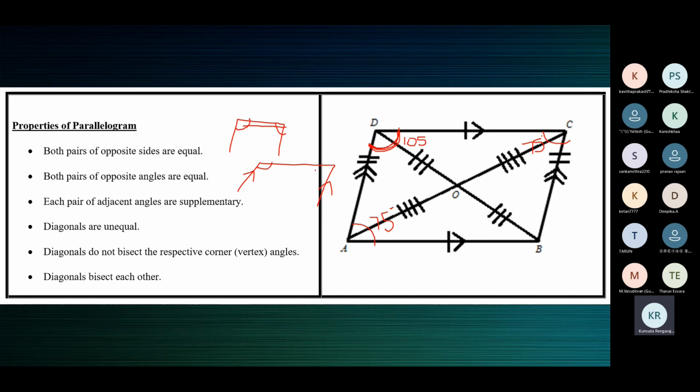So this angle and this angle form a pair of co-interior angles and they are supplementary. If this is 75 degrees, this one will be 180 minus 75, 105 degrees. Got it, all of you? Now Shivani, tell me the measure of angle B.